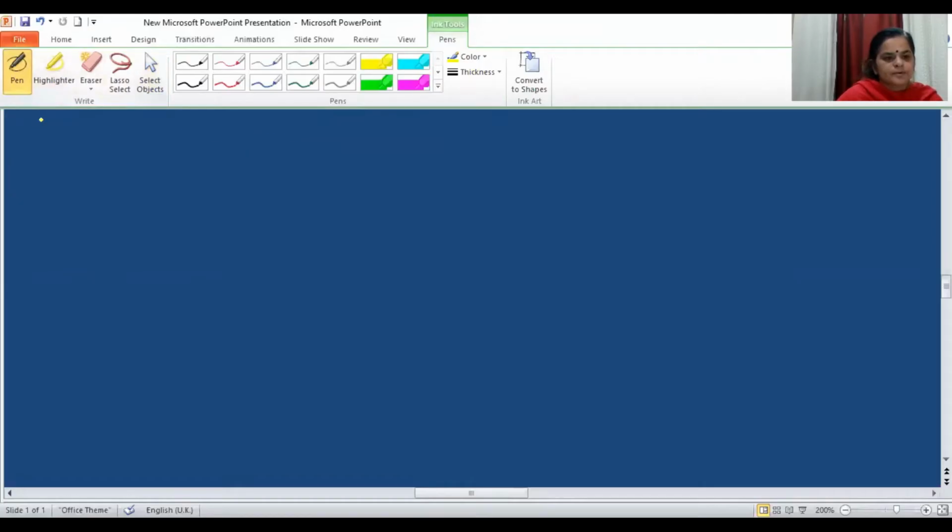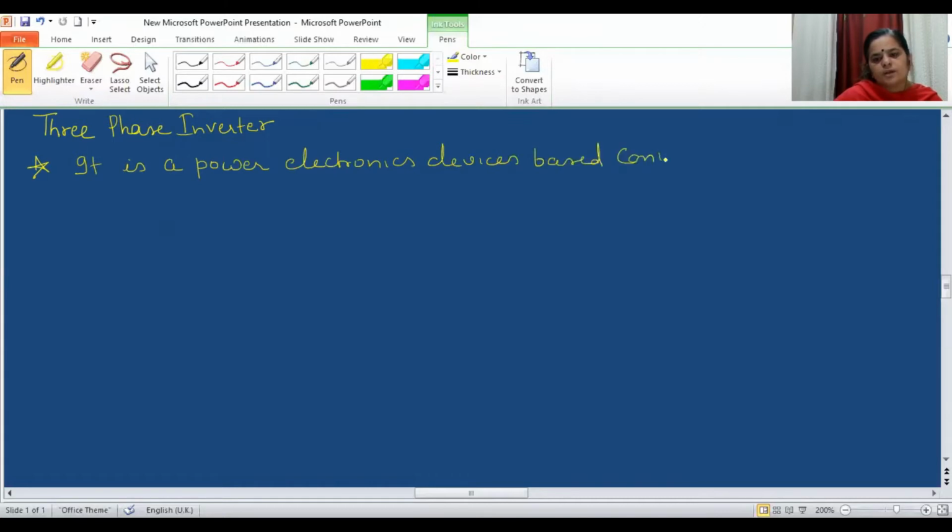So now, my dear friends, I am directly sharing my screen where I will brief you on the complete detail related to a three phase inverter. So let us start with the three phase inverter. The first thing about it is that it is a power electronics devices based converter which is used to convert DC supply into AC supply.